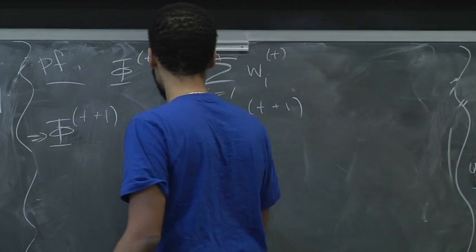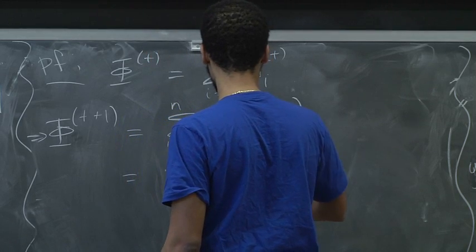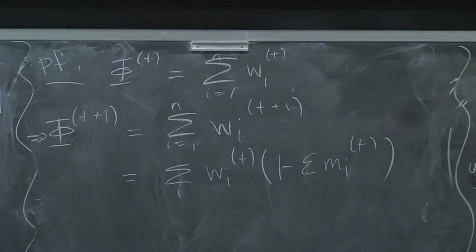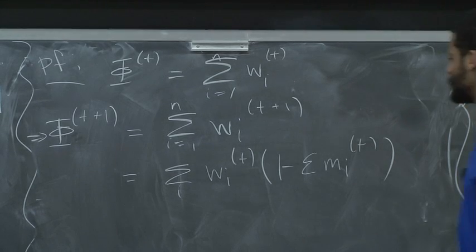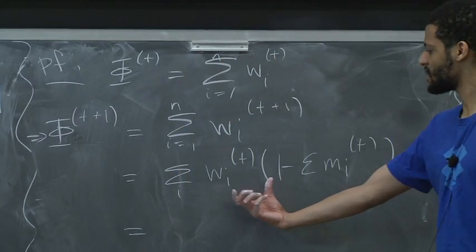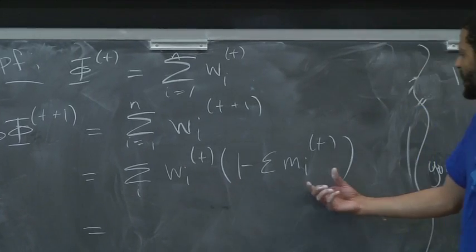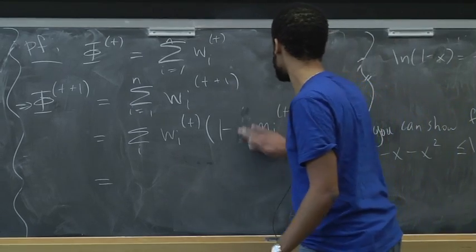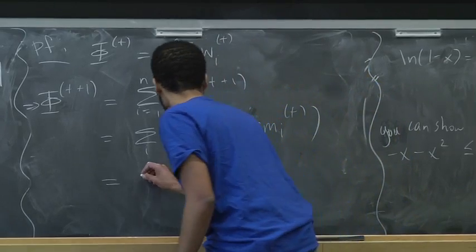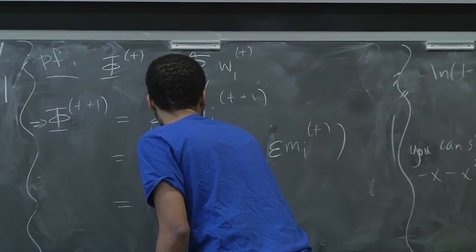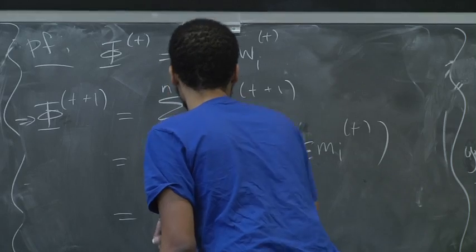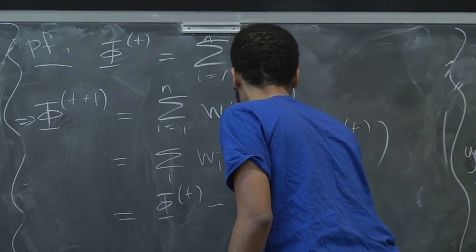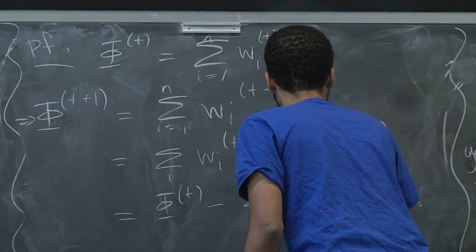So this is equal to the sum over i of wi of t times 1 minus epsilon mi of t, which, if I distribute this, the sum of wi of t is just phi of t, minus epsilon times the sum over i of wi of t times mi of t.